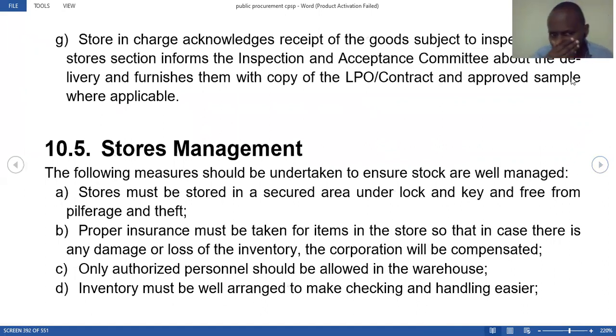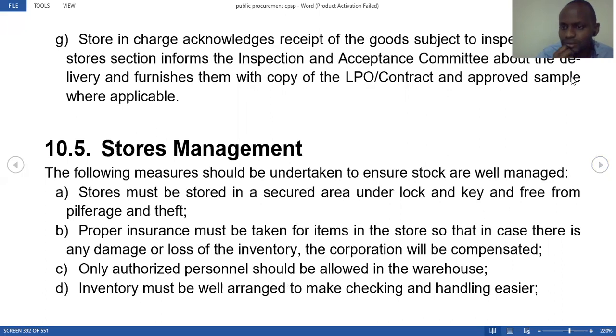Store management. For you to manage your store well, you must ensure the following. Number one, the store must be kept in a secure area under lock and key. Make sure once you receive the items, you lock them. You have those items that are very costly or high risk which need to be locked. Otherwise, you might experience cases of pilferage and theft. Then proper insurance must be taken for the items.